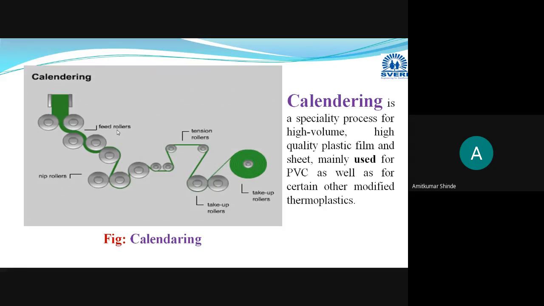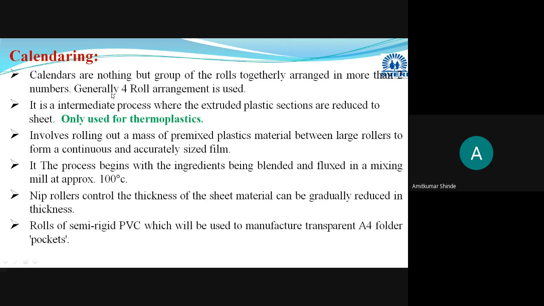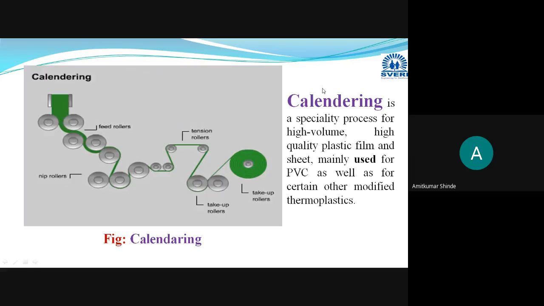What is the meaning of calendaring? Whichever output you are getting at the end of the calendaring process. Calendaring is nothing but, with the help of different types of rolls, the plastic raw material is converted into thin film by applying pressure using the rollers.